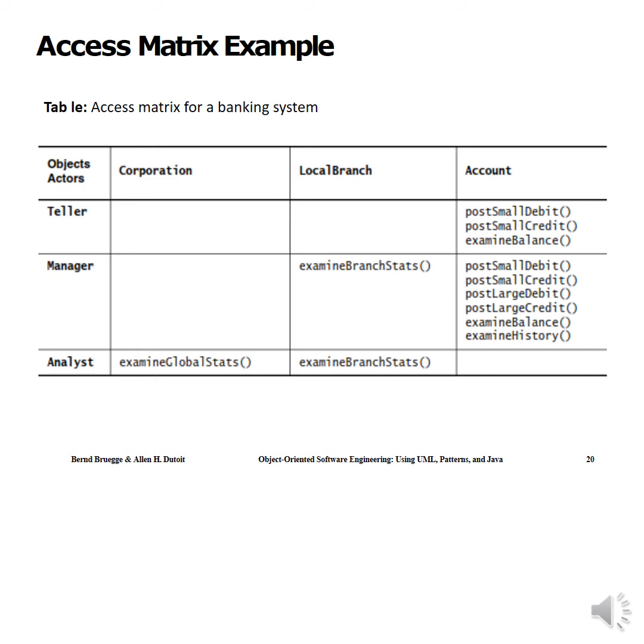So, an access matrix for a banking system. A bank teller may post credits as well as debits and examine his balance, while a manager must approve the transaction. He can perform these operations.